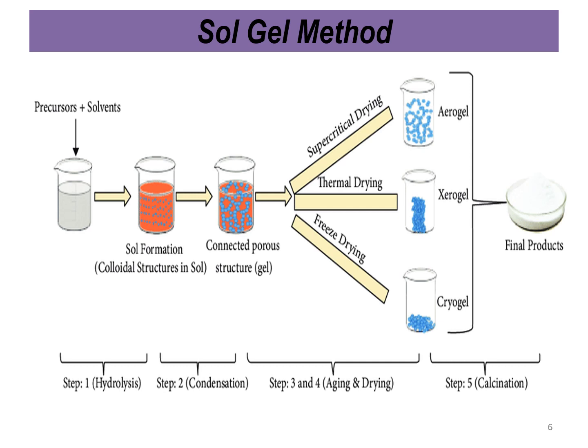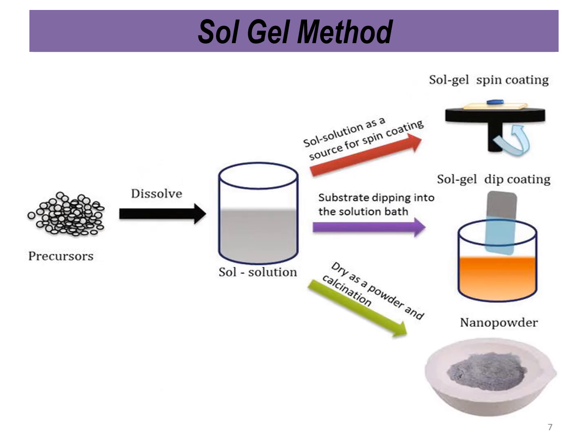Aging means that we are further increasing the process time, and drying means that we will apply some method to remove the solvents and trapped gases. And the fifth step, the obtained gelatinous product is further calcined and as a result of calcination, we obtain the final product.